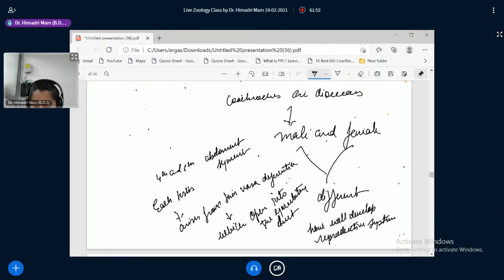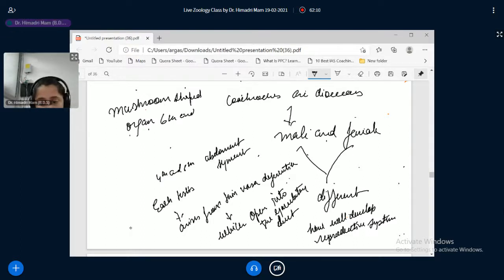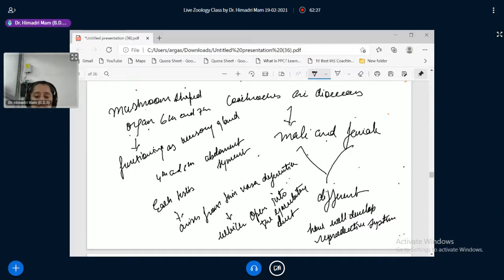Now, there is a mushroom-shaped organ also, at the sixth and the seventh segment, functioning as accessory gland. Right.